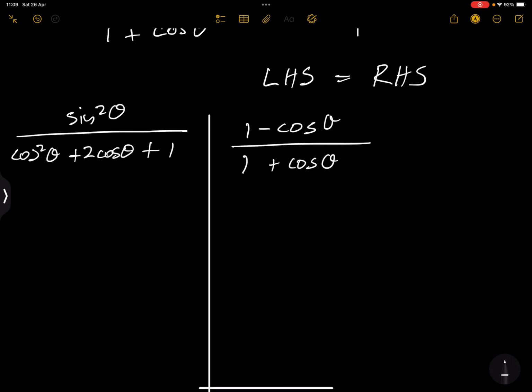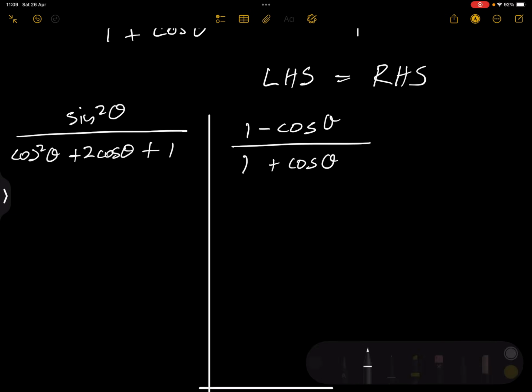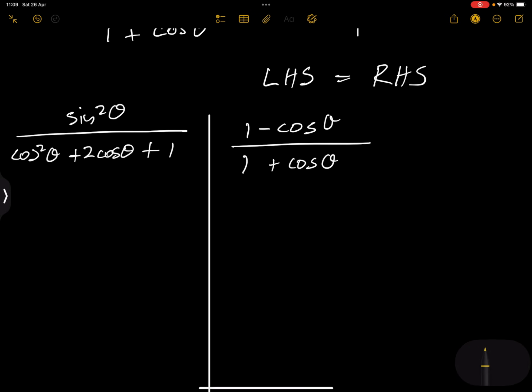Right, if I notice at the numerator, I could have applied a little bit of mathematical gymnastics, and said, look, what if I multiply the numerator with 1 plus cos of theta so that I can make that into the difference of two squares.